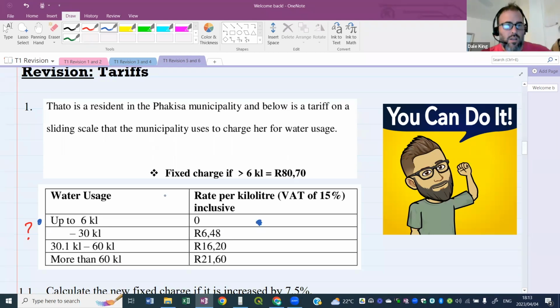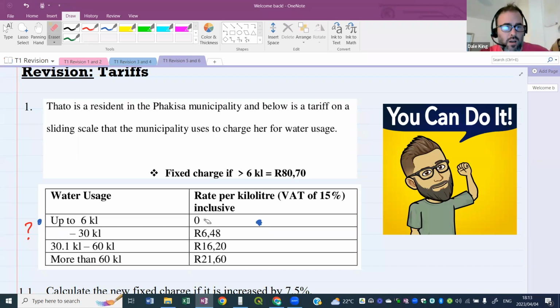So this 0 to 6 kiloliters is a free basic service right for every household in South Africa. A lot of municipalities have done away with this, but in the old days, you used to see every municipality applying this. So from 0 to 6 kiloliters, that's basic water that everyone should get for free.